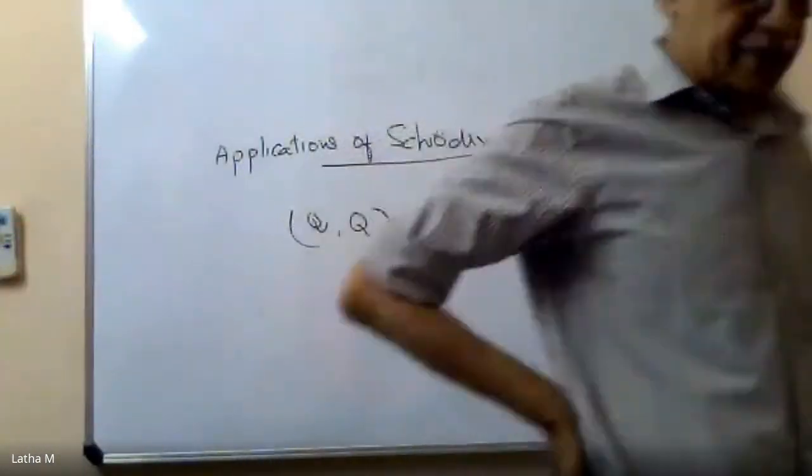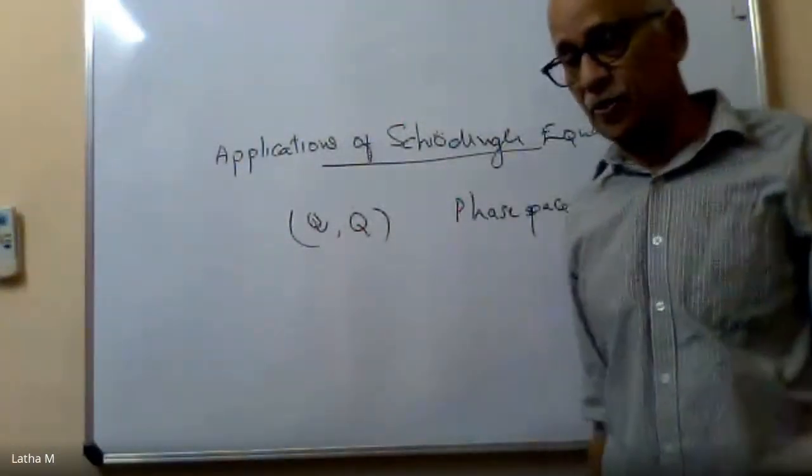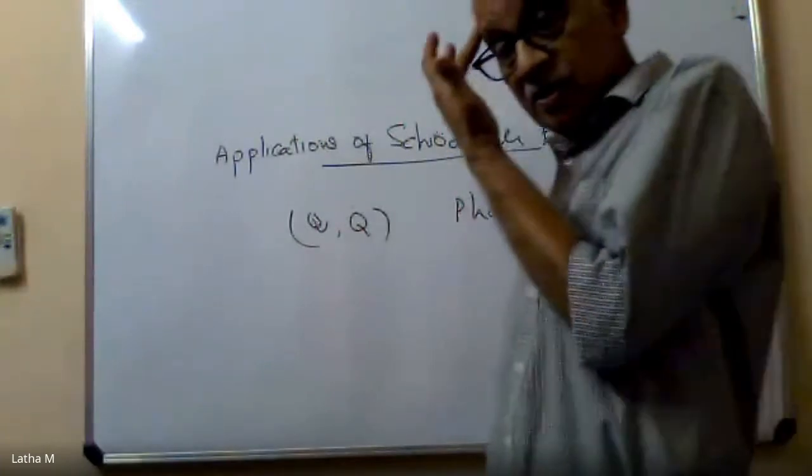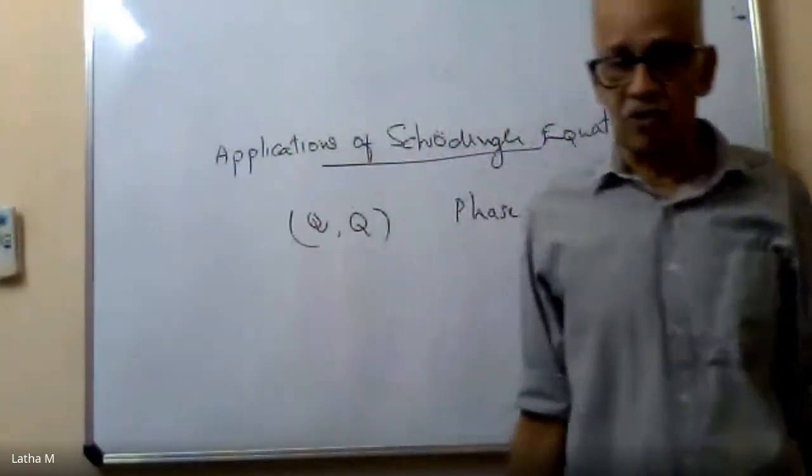In this case, we get q and q dot after solving the Euler-Lagrange equation or the Hamilton's principle.